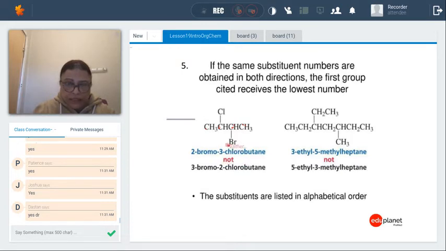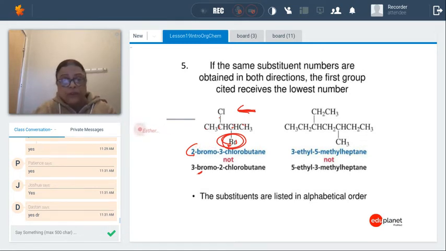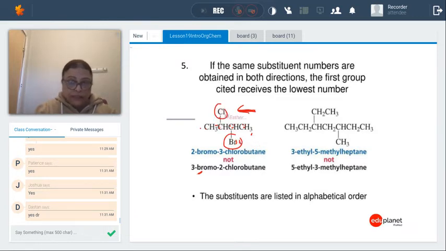B before C. Bromo before chloro. So we start counting this way so that bromine gets the smallest number. So 2-bromo, 3-chloro, and not 3-bromo, 2-chloro. Again, if you look at this molecule here, it has 4 carbons. If I count from right to left, then the first substituent is at 2 and the second at 3.